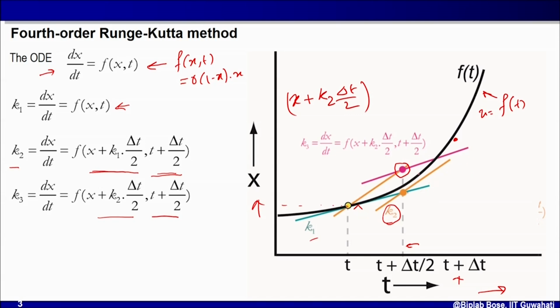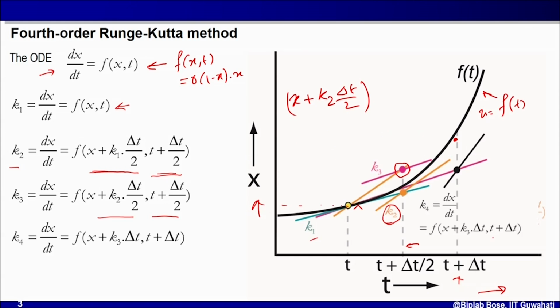Now take that slope k3 and draw a line at this yellow original point where x was, having the same slope as k3. So I get this new pink line. So I have a new pink line drawn at the original position of x, and extend it till it intersects the vertical line drawn at t plus delta t. That is the time step we are taking.